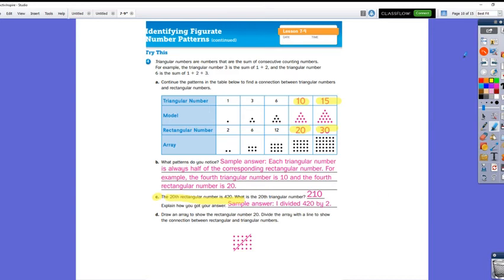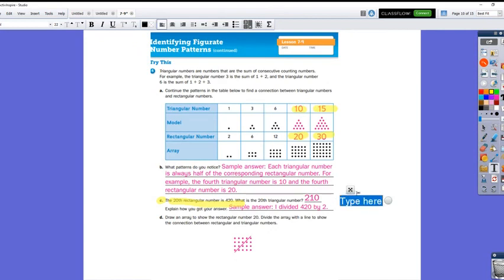So you could just divide 420 by 2 or split 420 in half. Half of 400 is 200, right? Half of 20 is 10. So that will give you 210.